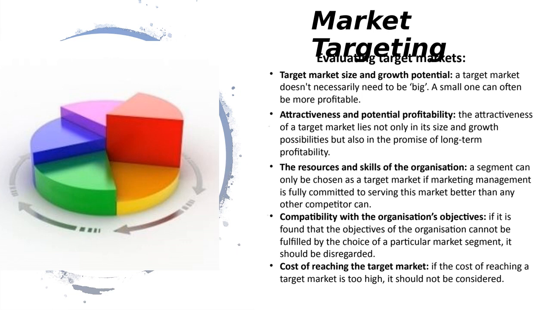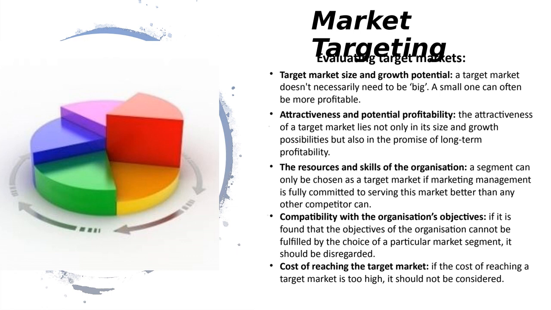If we have a look now at what market targeting is. So a company or a marketer has grouped people based on similar wants and needs. The next stage of this process is then to choose which segments they want to meet the needs of.